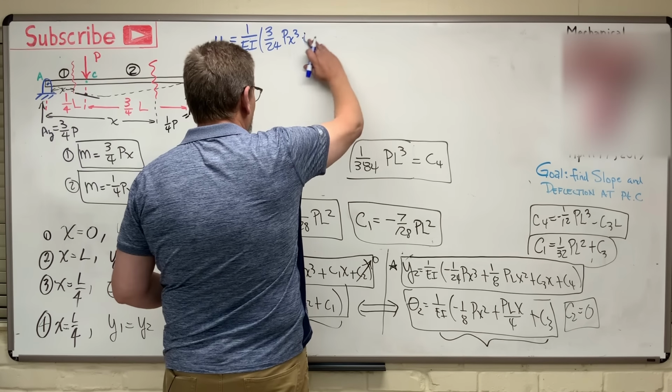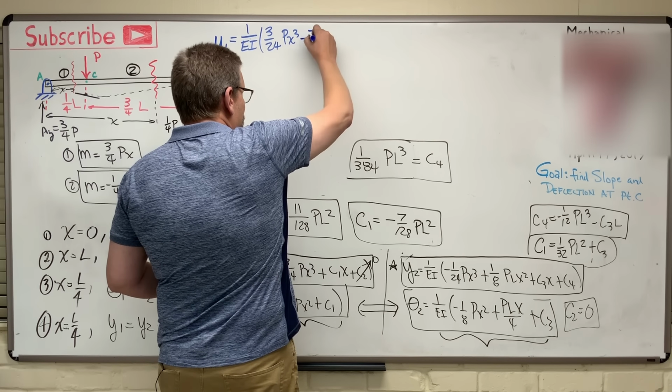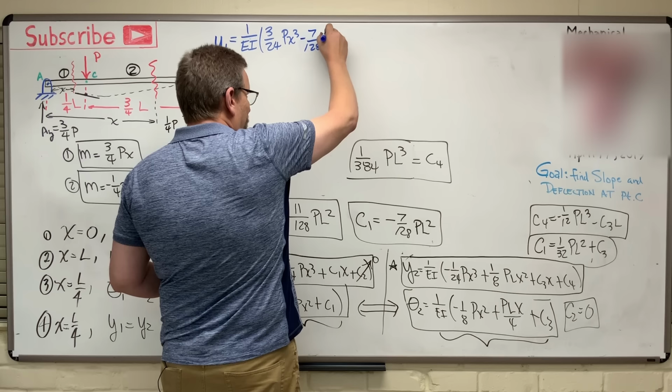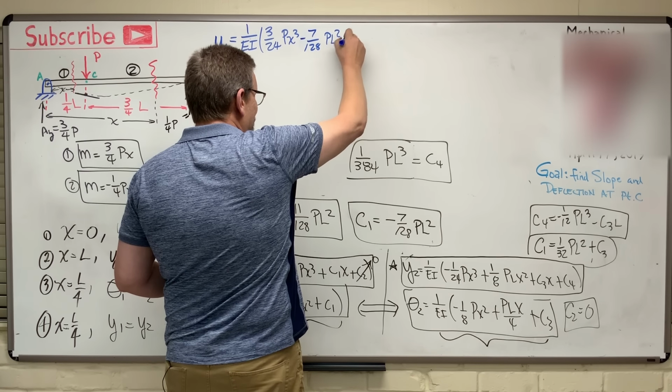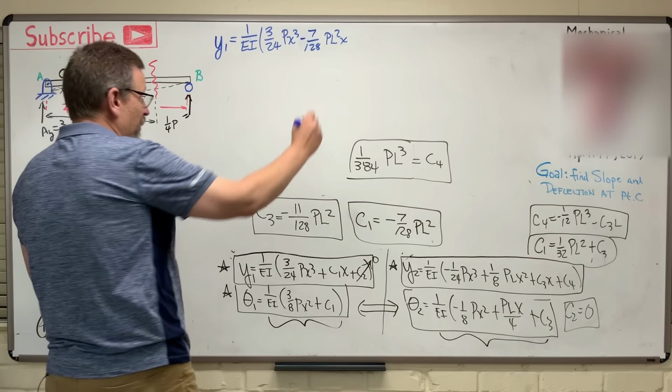Well, let's just put a minus there then. Minus 7 over 128 PL squared x plus 0. That equation's done.